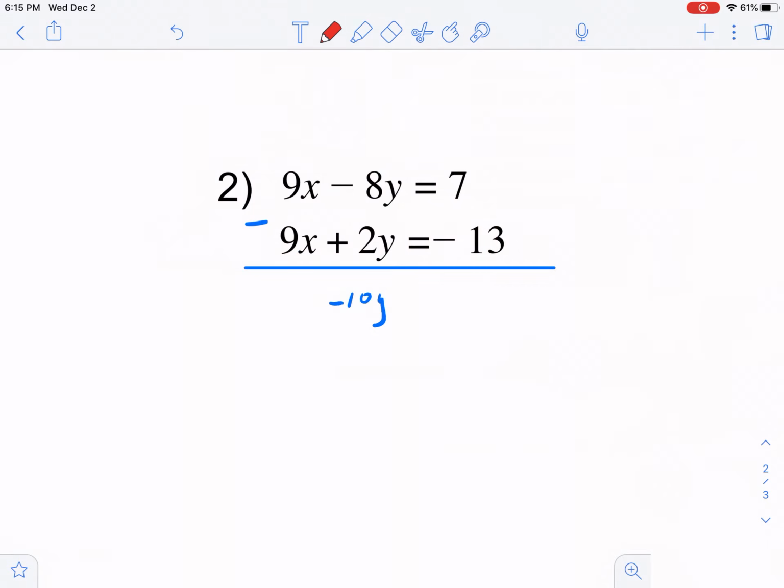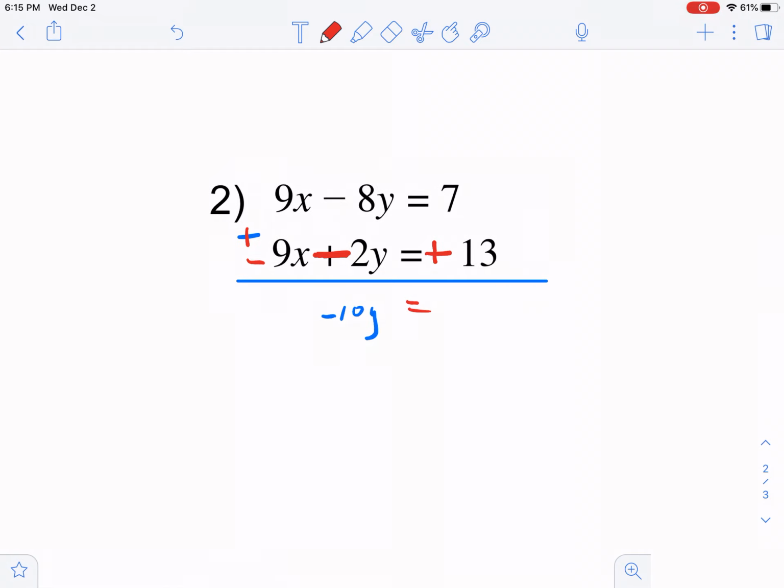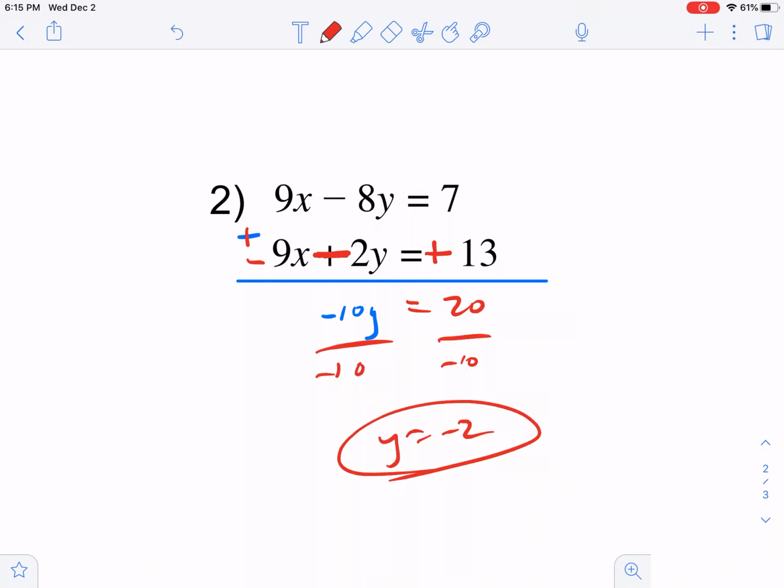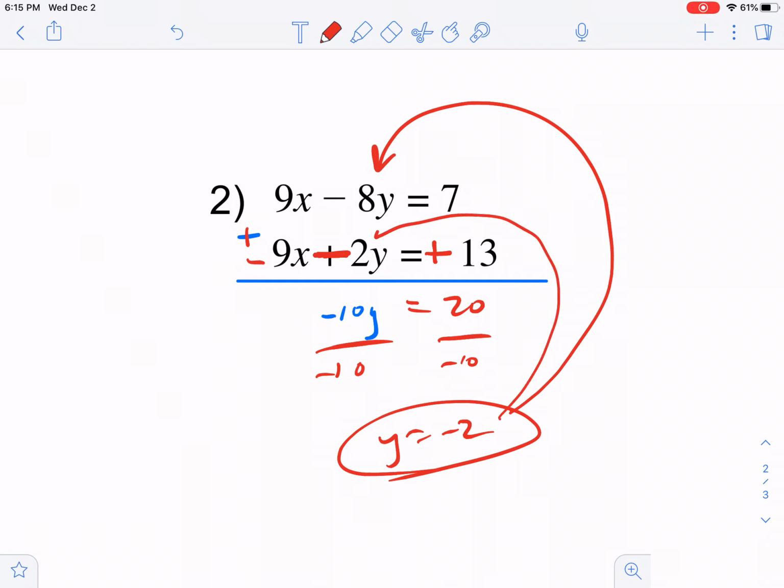I like to say this is a plus, that's a minus, that's a minus, that's a plus. That helps me. And then, anyway, 7 plus 13 is 20. Divide by negative 10. You get y equals negative 2. Am I done? No! I'm going to plug it in to either this equation or this equation. It does not matter.